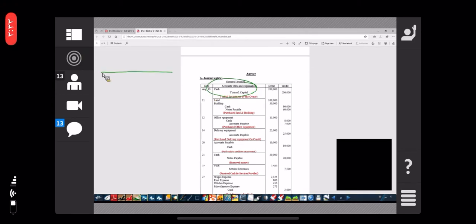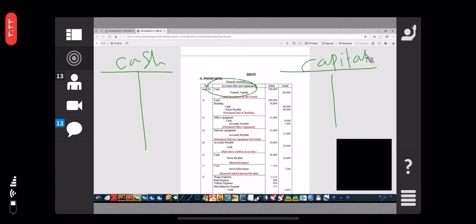It means you will open a cash T account and a capital T account. Okay, so this left side is the debit side and this is the credit side. Clear?